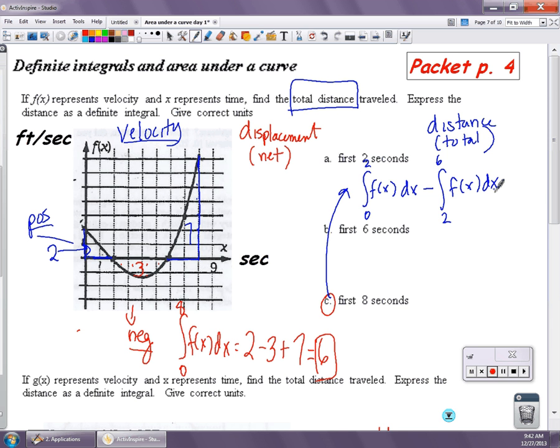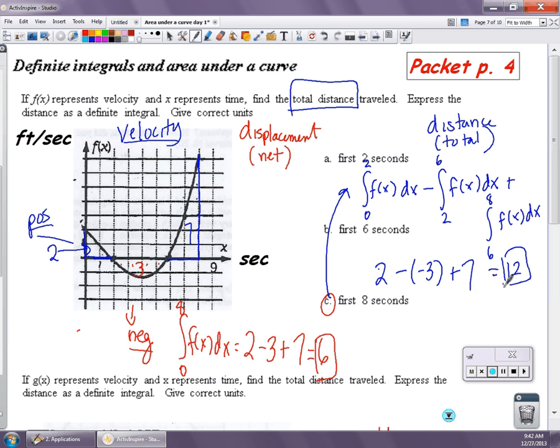And then we're going to add the last region from 6 to 8 because that area is positive. So if we do that, we would have 2 minus negative 3 plus 7, and that would give me a total distance traveled of 12.